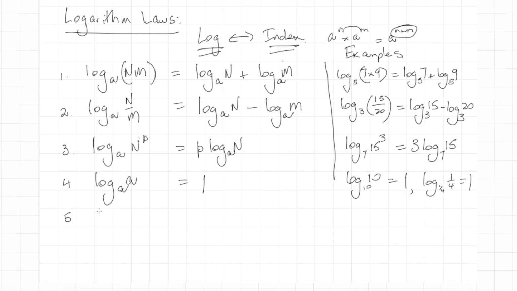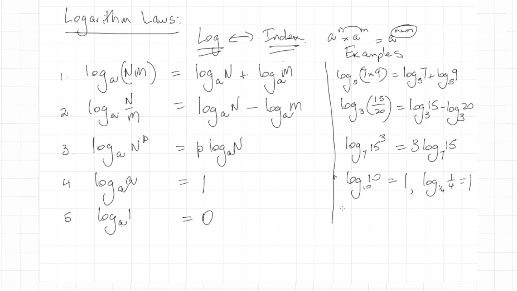Number 5, the log of 1 to base a. What is the power? What is the power you must raise any number to get the number 1? Well, you know that anything raised to the power of 0 is equal to 1.